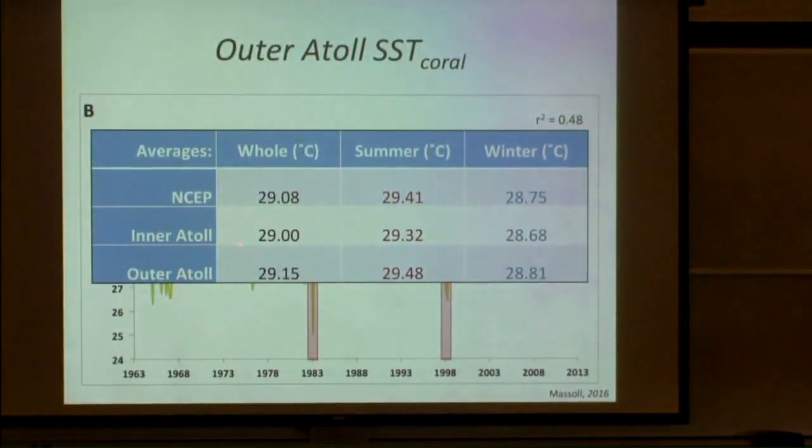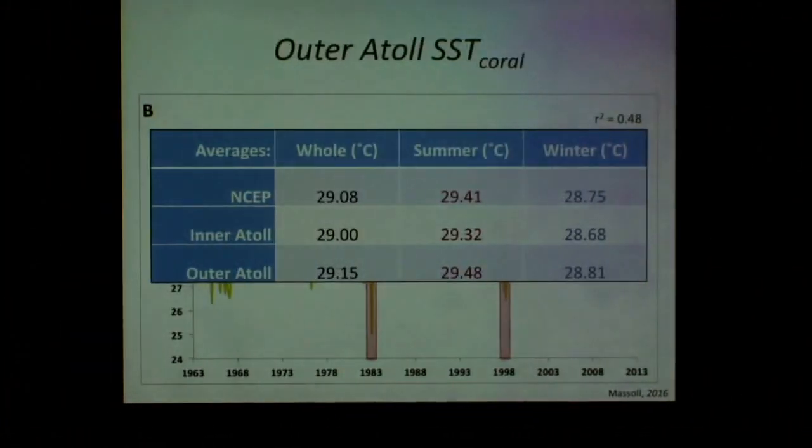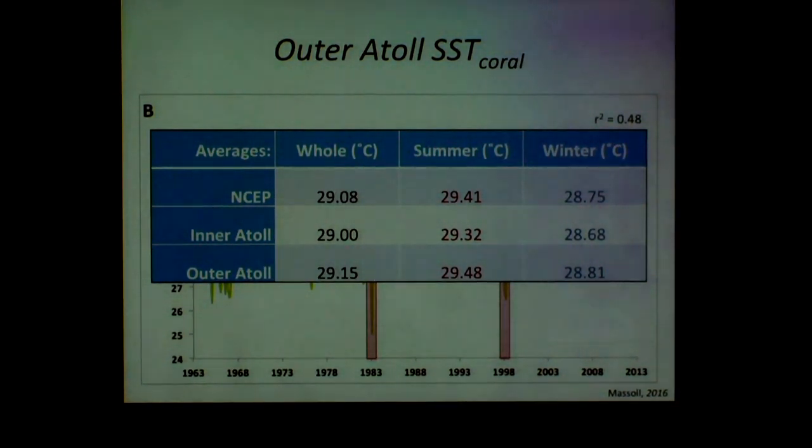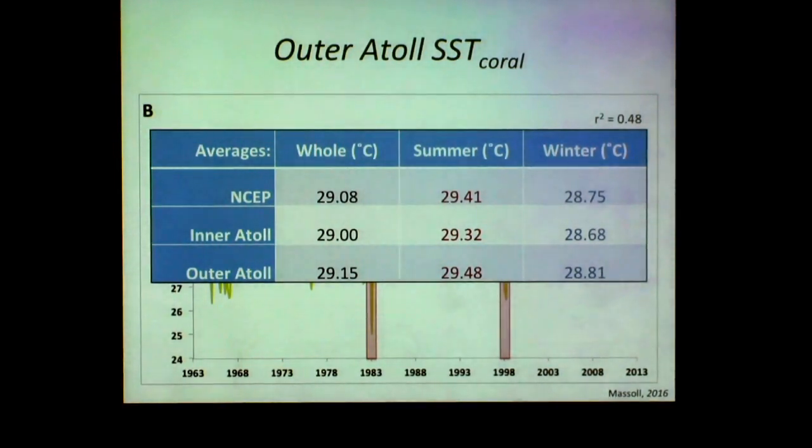The inner atoll was consistently cooler than that satellite record, and the outer atoll was consistently warmer, which was opposite of what we expected, right? We thought the inner atoll would stay warmer because it's shallow, whereas the outer atoll is the one that's actually warmer than that 1 degree by 1 degree grid box that we used.